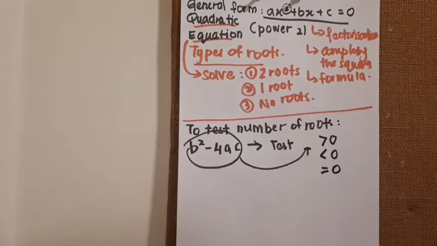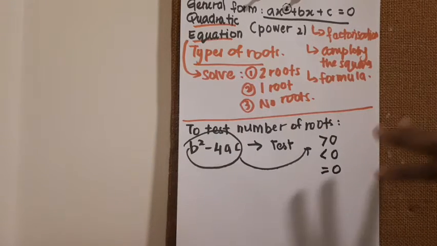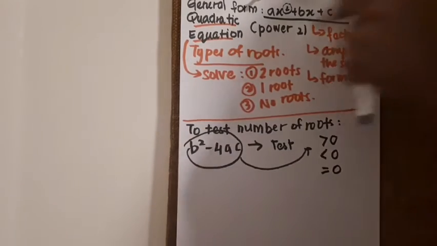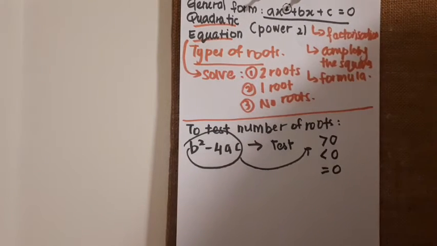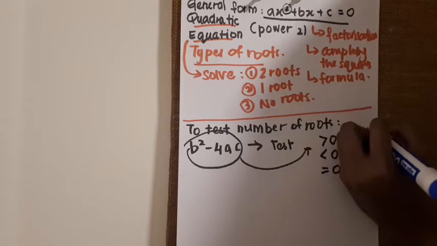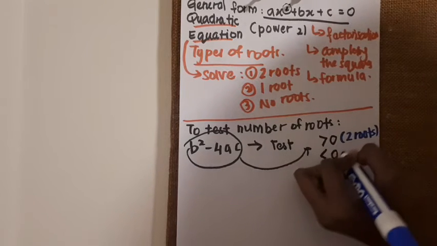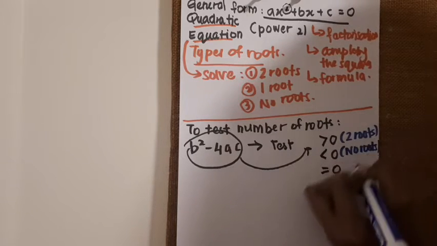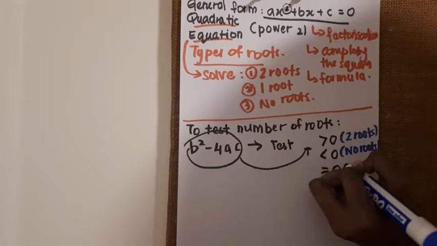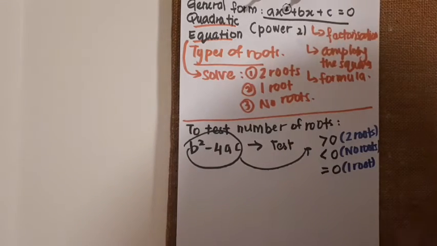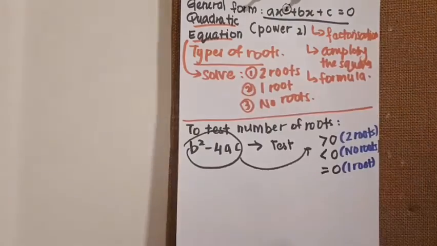If it is more than 0, then whatever equation they give, we have 2 roots. If it's less than 0, we have no roots. And if it equals 0, then we have 1 root. So let's have a look at examples to find this out.